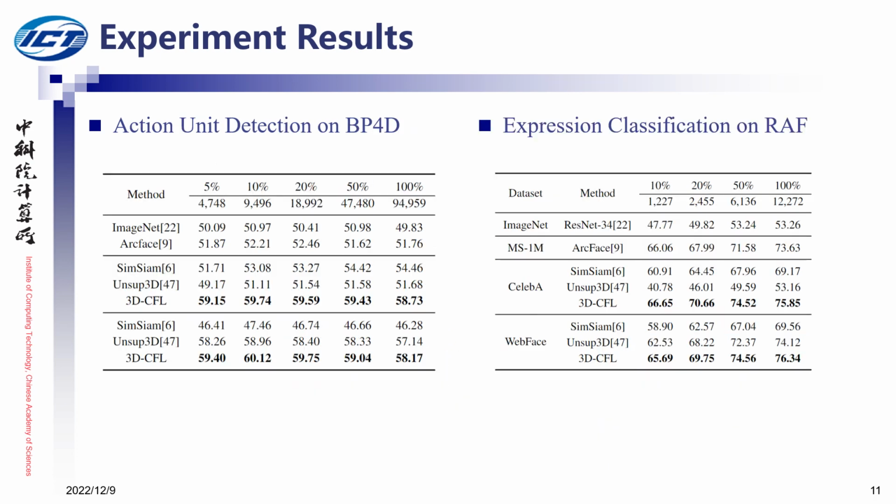We also evaluate the proposed 3D CFL in action unit detection and expression classification tasks. We can notice that the proposed 3D CFL could also achieve SOTA performance in these downstream tasks. We also found that the improvements between different methods are more pronounced when only a small percentage of labeled data is available.